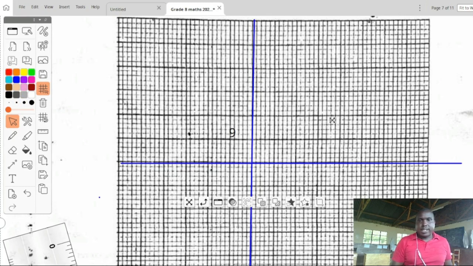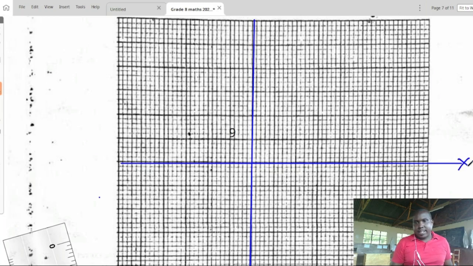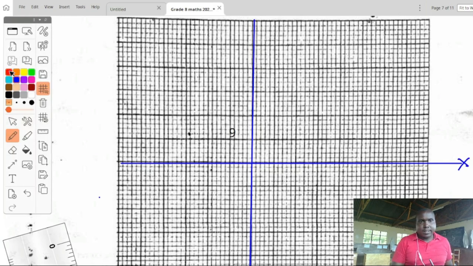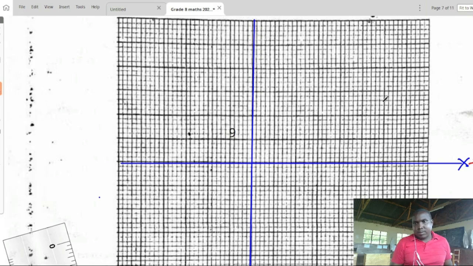Now this is a Cartesian plane. This is called the x-axis. And this one is the y-axis. So if I take here to be 1, here will be 2, 3, 4, 5.